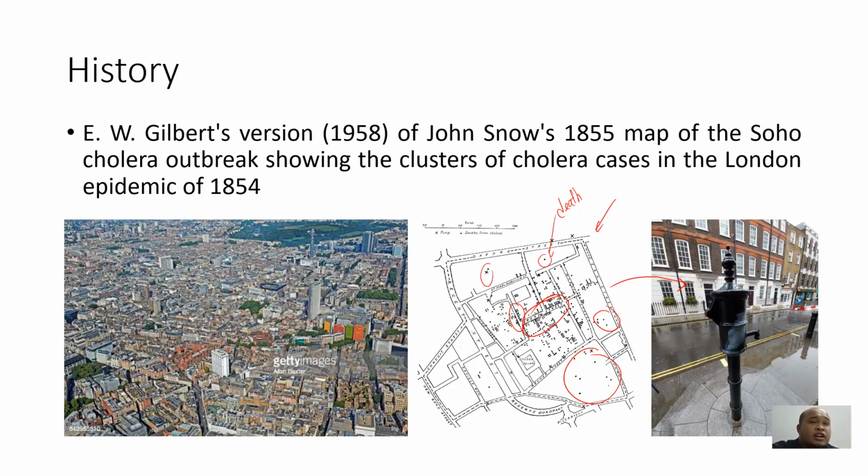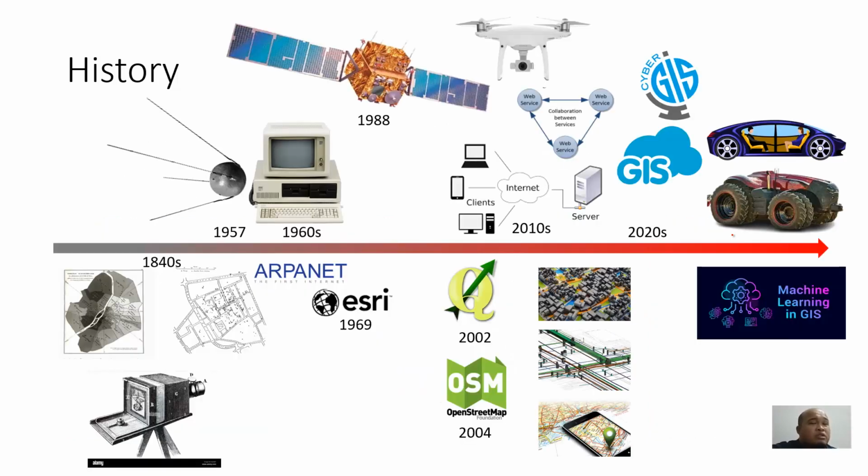So actually they were implementing a process similar to GIS, but without a computer. So this is some of the history and also the current technology of GIS that have been plotted.